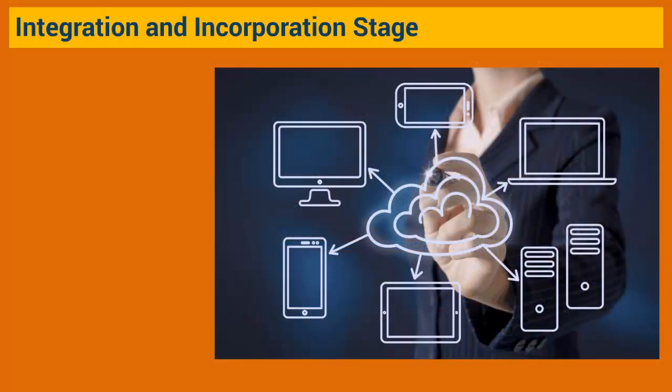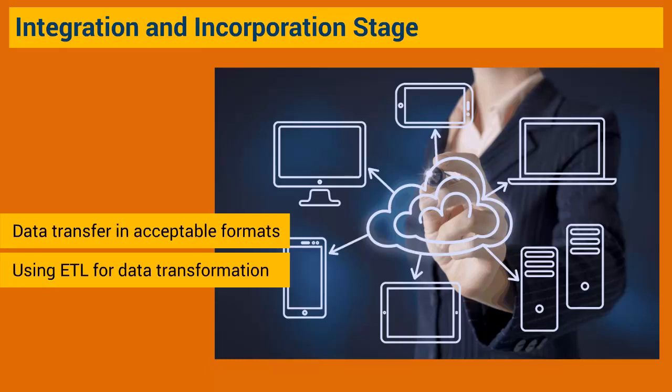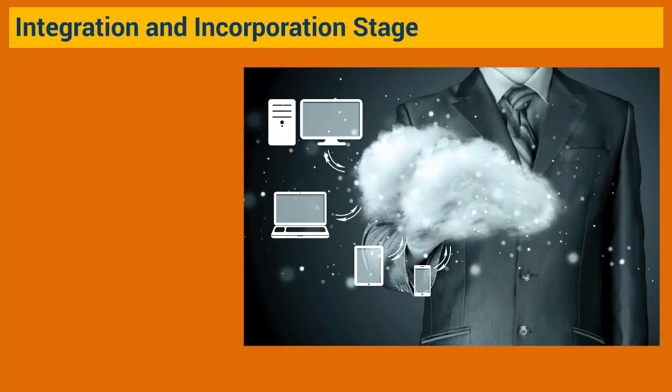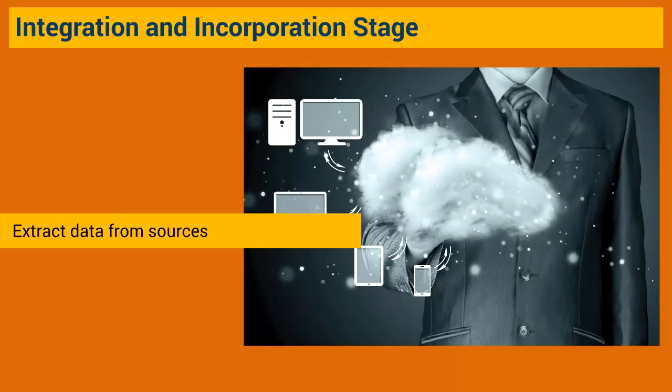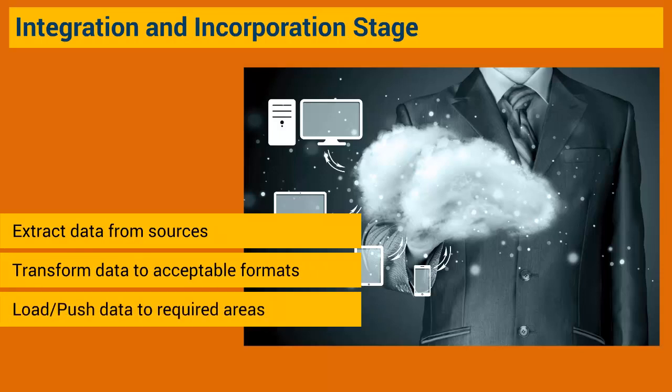To integrate data across mixed application environment, data will need to be transferred from one data environment, the source, to another data environment, the target, in acceptable formats. You can use the data integration and transformation technologies to do this. These technologies help you extract data from external sources, transform that data into an acceptable format, and load or push that data into the required area.